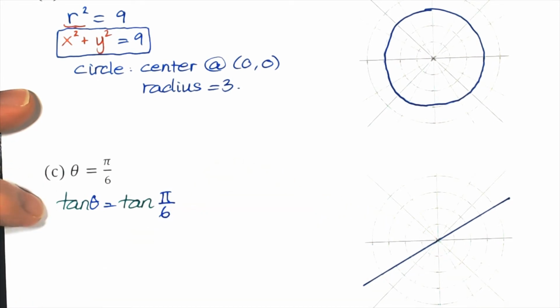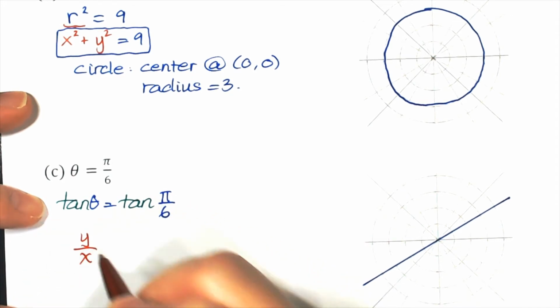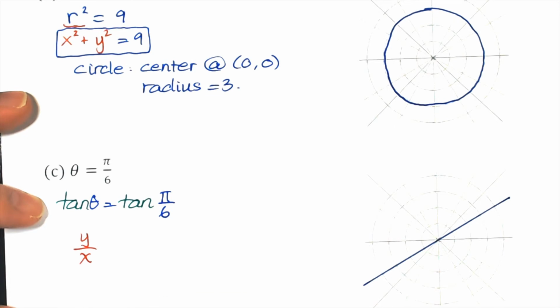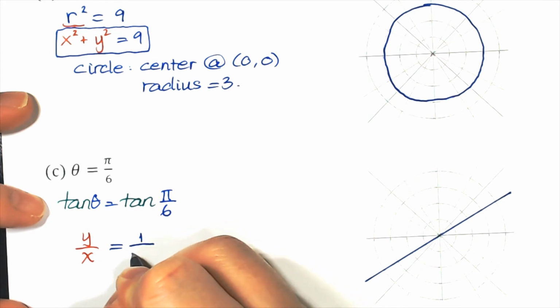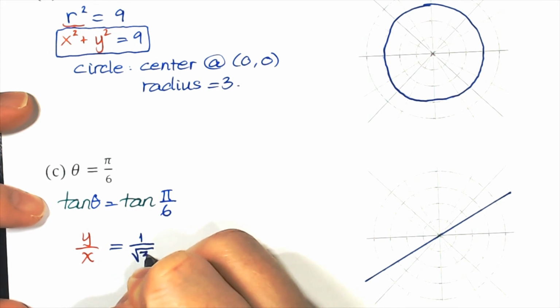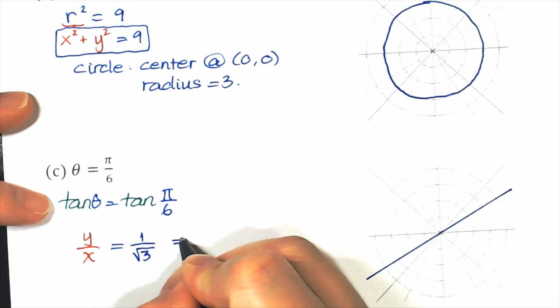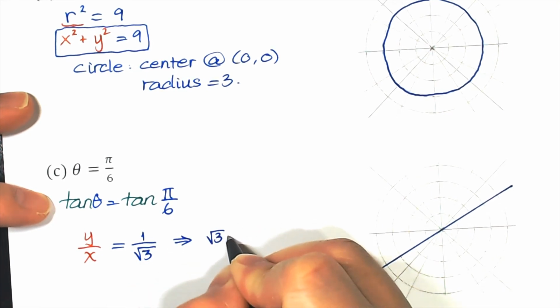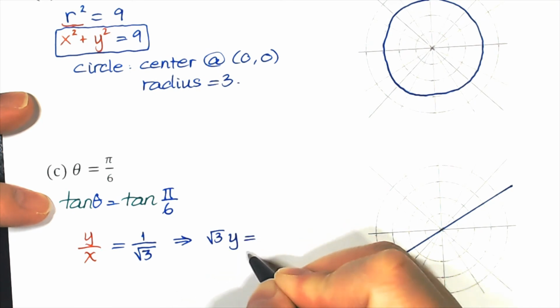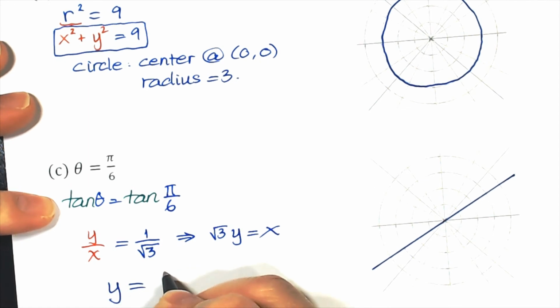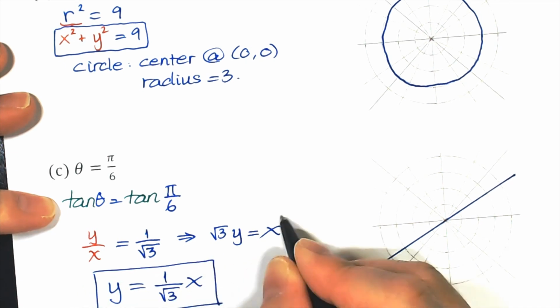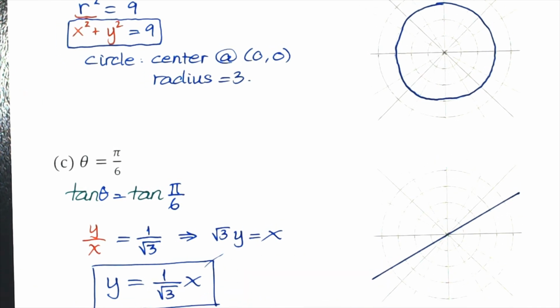And the reason we take tangent on both sides, because tangent is y over x, and tangent of pi over 6 is going to be equal to 1 over square root of 3, and cross multiplying here we will have square root of 3 times y equal to x. Or we can also just multiply the x on this side. We'll have y equal to 1 over square root of 3 times x. Either way, we have the equation in rectangular form.